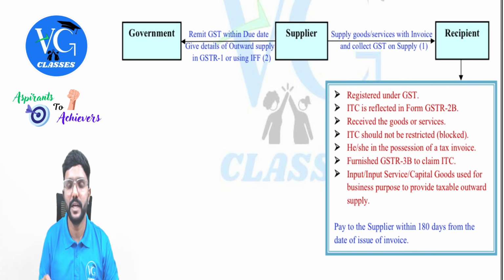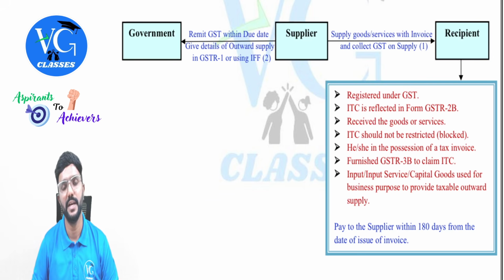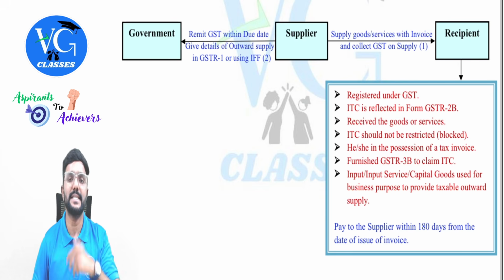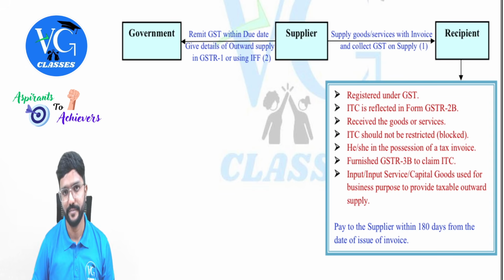GSTR 2B will get auto-populated to the recipient, and if the recipient has satisfied all the conditions as per section 16, and if credit is not restricted as per section 17, he can claim that credit. That means he can use that input tax against the output tax to be paid.